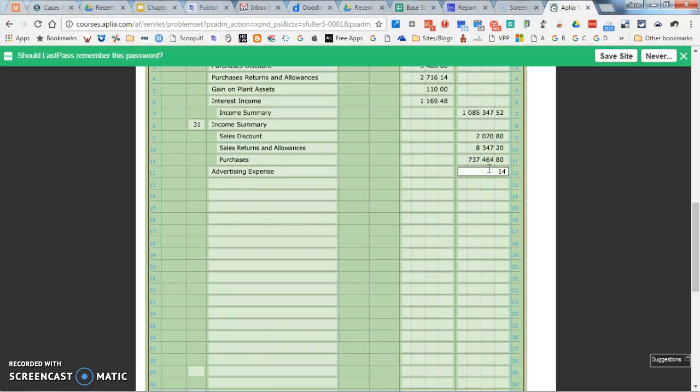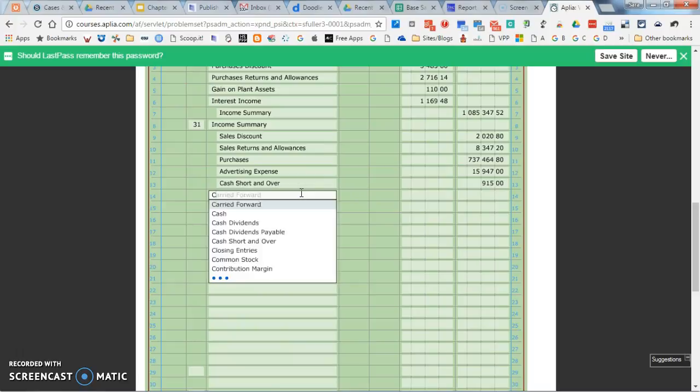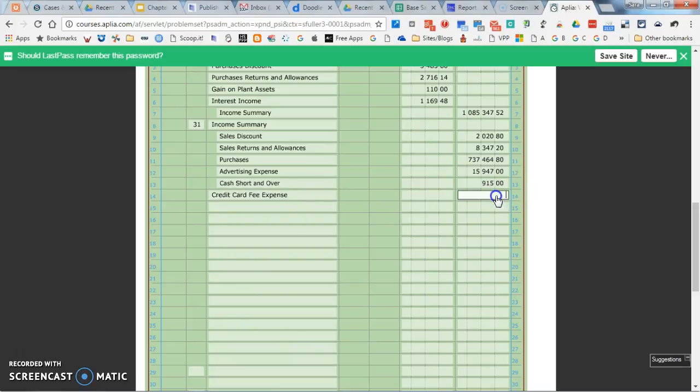Next line is advertising expense. Credit of $15,947. Next is cash short and over. Credit of $9.15. Next is credit card fee expense. Credit of $10,066.94.